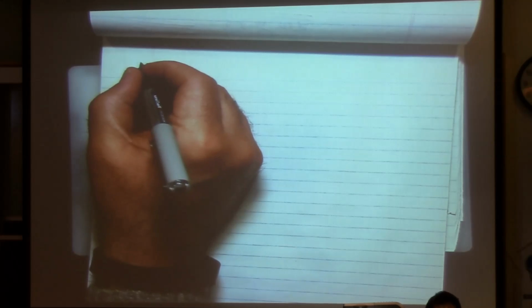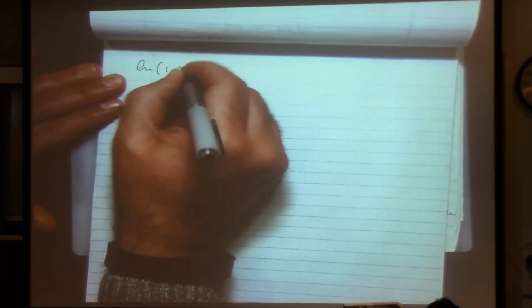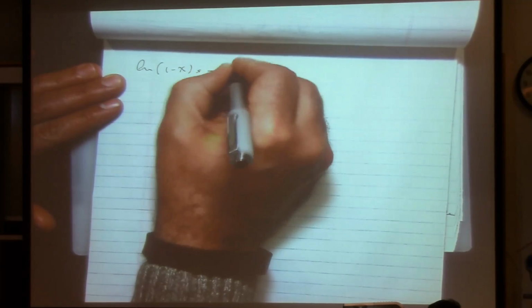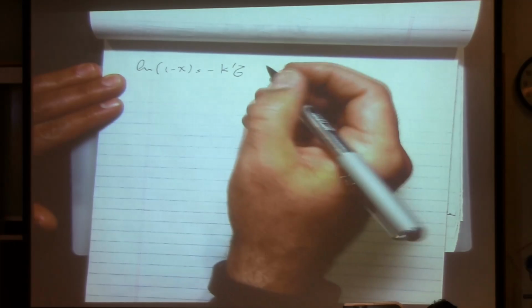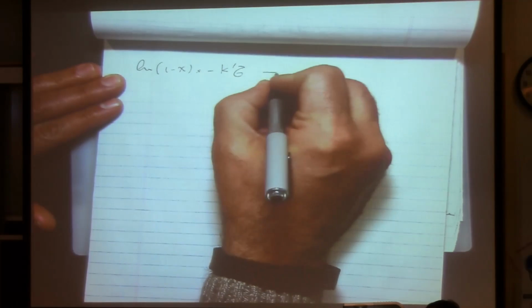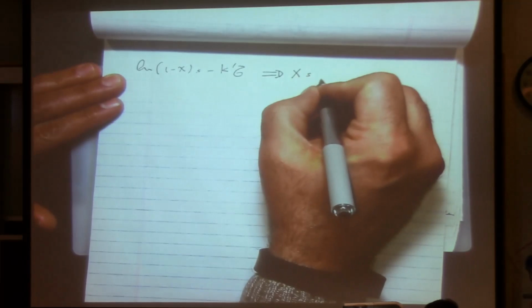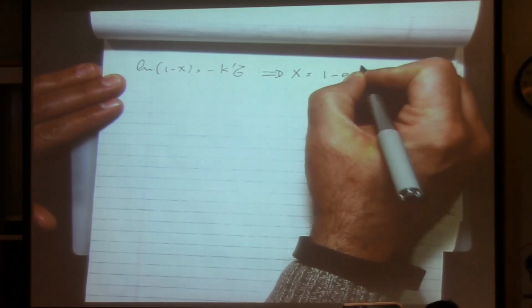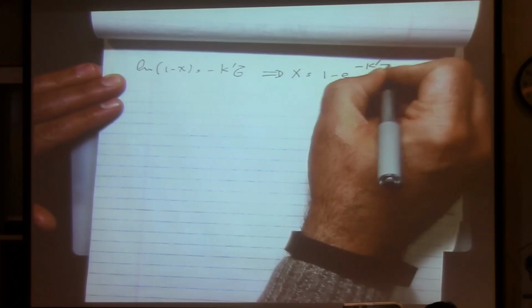So ln(1 minus X) would be minus k' tau, and from here you can find X to be 1 minus e to the minus k' tau.